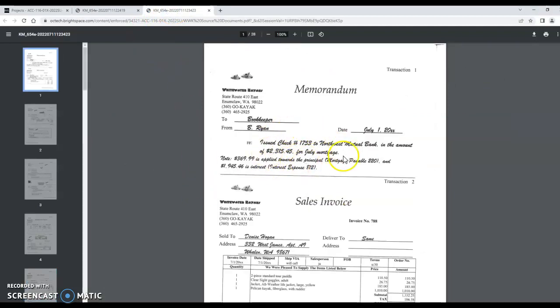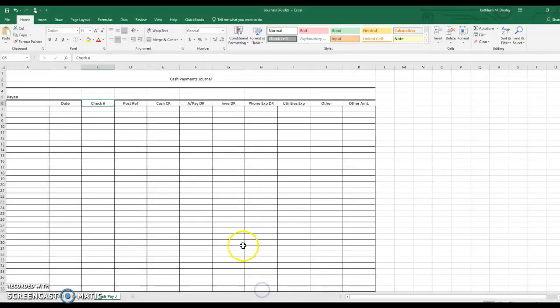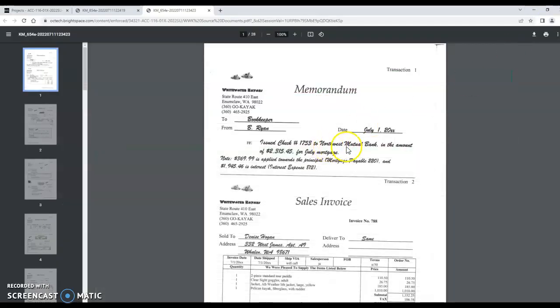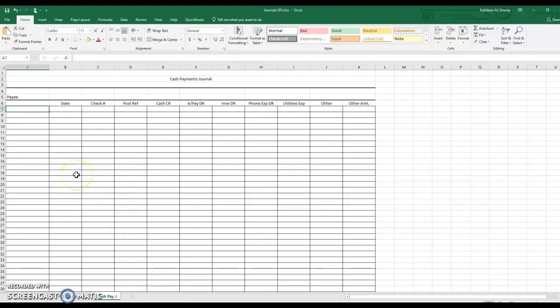All right, so we're going to go first into our cash payments journal. Here's our cash payments journal, and the payee was Northwest Mutual Bank. That's who we paid the check to.